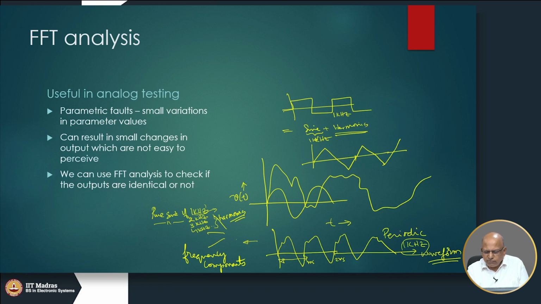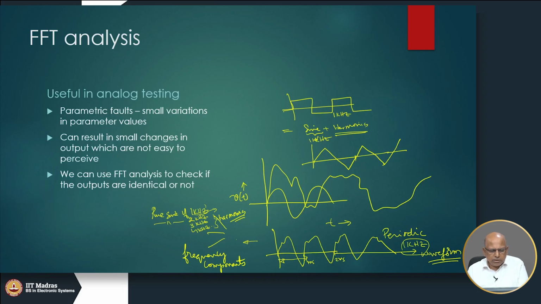So, FFT analysis allows you to take any periodic waveform which is somewhat arbitrary. It need not even be a triangular or a square wave, it could be quite arbitrary like this, but you can split it nicely into a sum of sine and cosine waveforms.